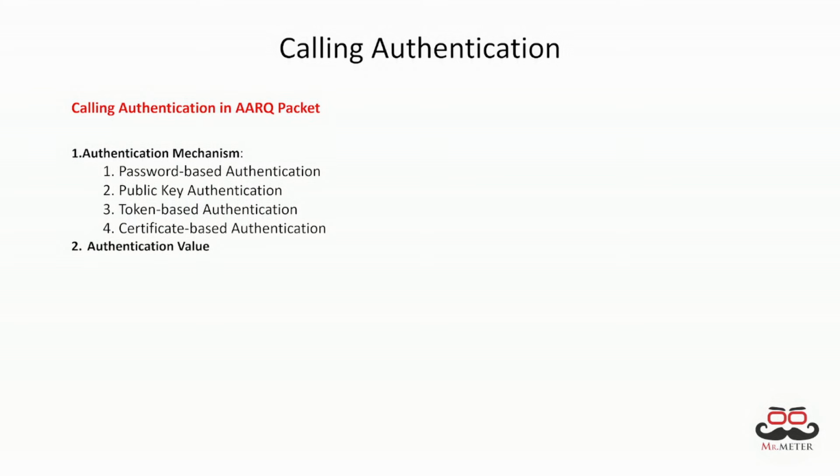The digital signature: for public key or certificate-based authentication, this field will contain a digital signature. If using token-based authentication, this field will include the security token. So this field is, as it says, the authentication value.